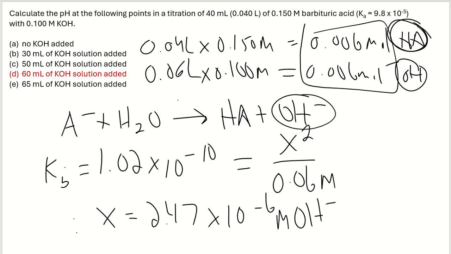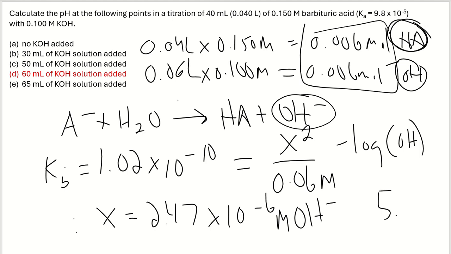What I need to do is take the negative log of that, but it's going to be the negative log of OH minus, which is actually equal to pOH. So when I take the negative log of 2.47 times 10 to the negative sixth, I get 5.61.